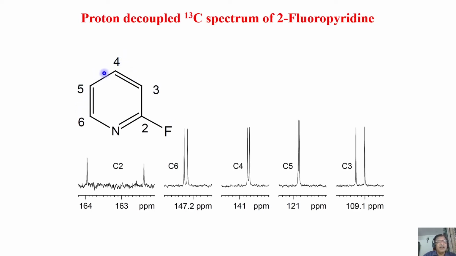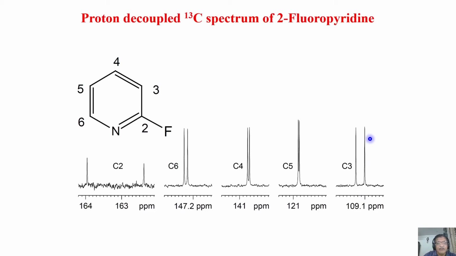Our job becomes very simple now. You have to only consider carbon fluorine couplings. This is carbon 2, because of the large separation, it is a doublet. This is the 1J-CF coupling. The next largest separation is this, the 2J-CF. Then I would safely say this is carbon 3.